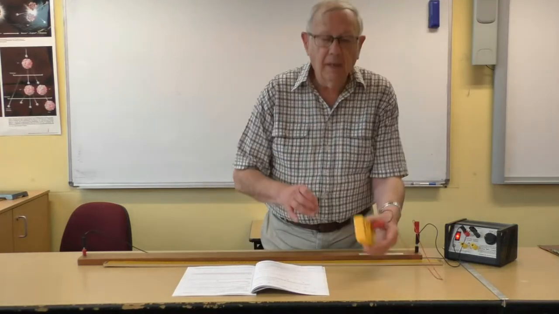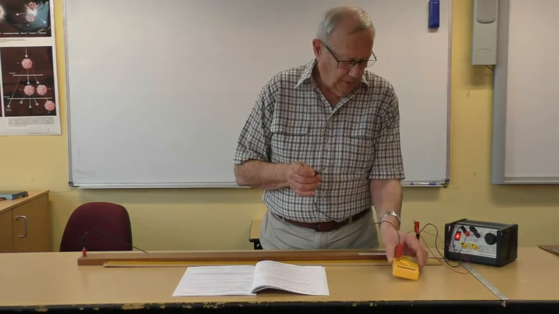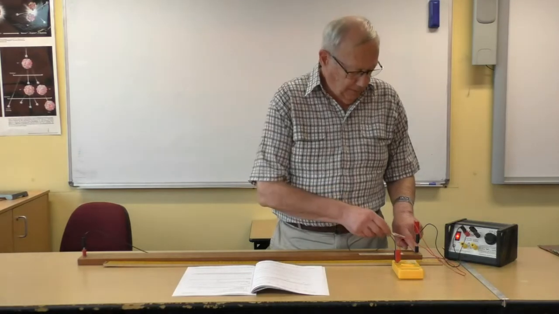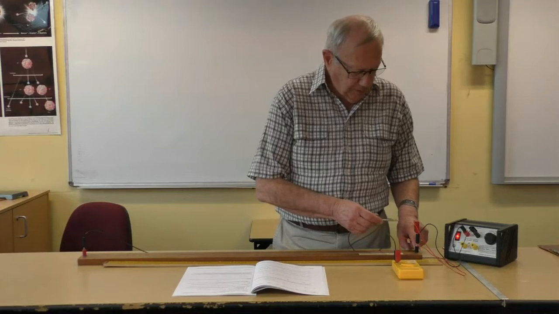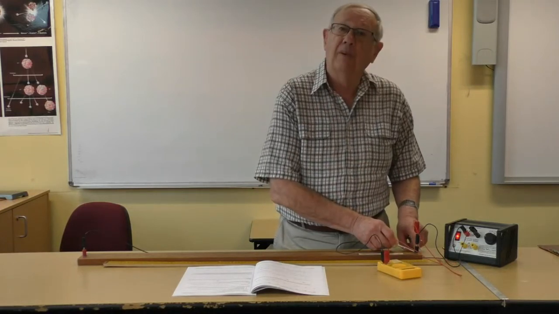I've got a multimeter here that's set up as a voltmeter, and I'm going to assume that here, right at the start, the potential difference between here and here would be 0.